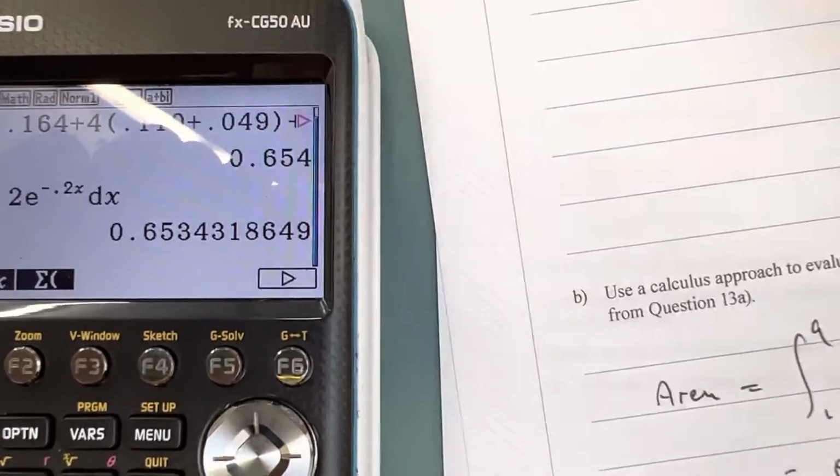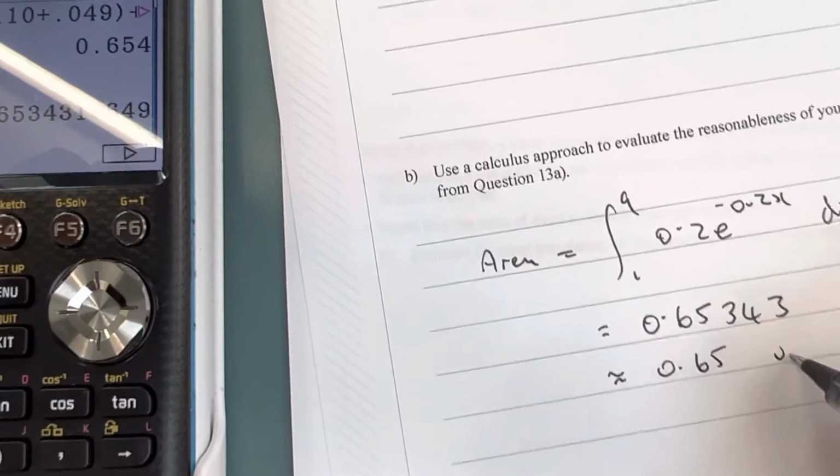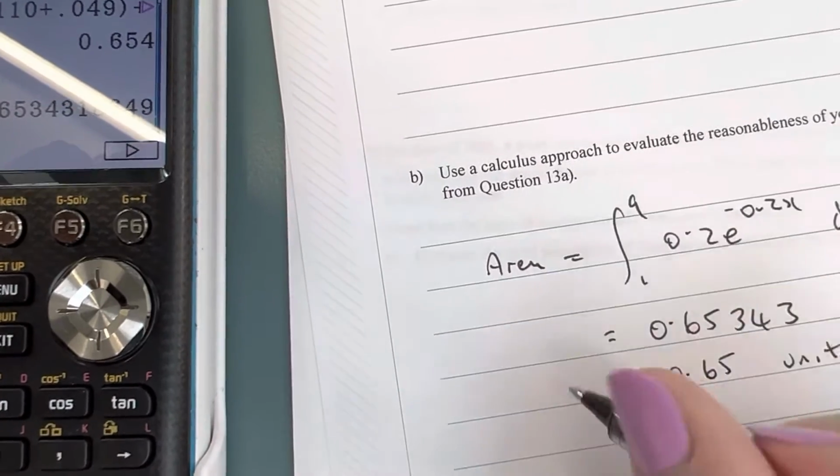Okay, so it's approximately 0.65 units squared.